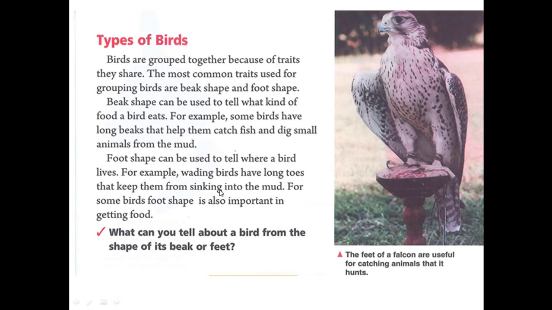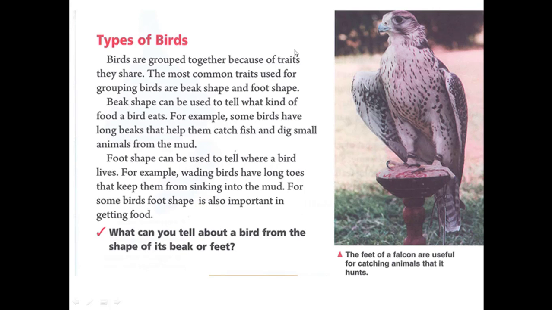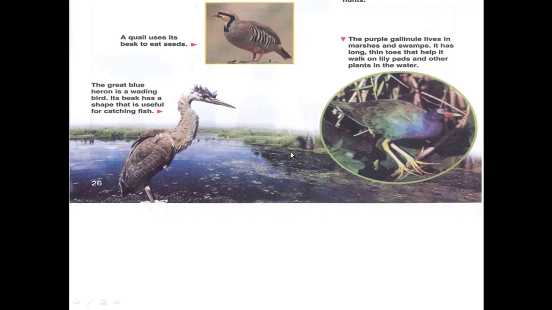For some birds, foot shape is also important in getting food. So look, we have different types of bird. The foot shape of this bird is different from this one, and this one is different from this one based on the environment, and the beak shapes are different based on the food, and the foot shapes are different based on the environment.